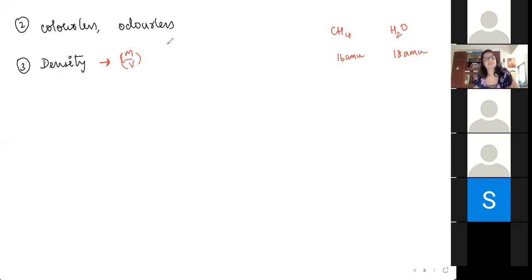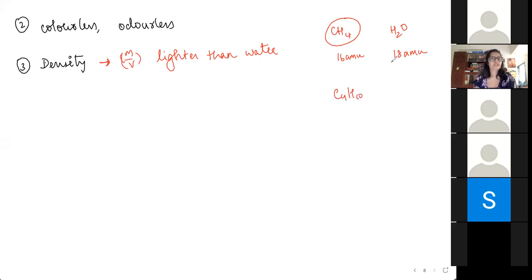Water. If divided, then water will have more. So in general, alkanes are lighter than water. All the alkanes, whatever alkanes you take, if you put it in water, it's going to float on water. You might think, okay, we are considering methane alone. What if we take butane?